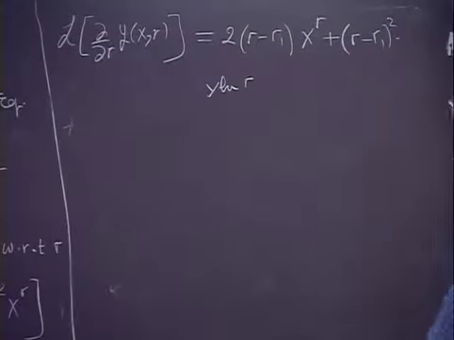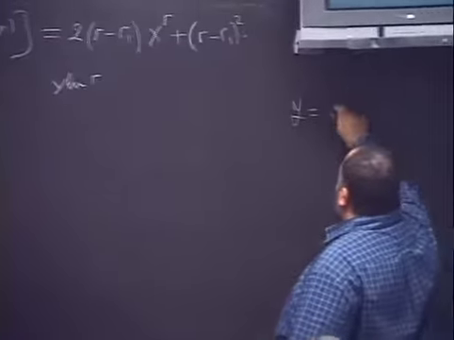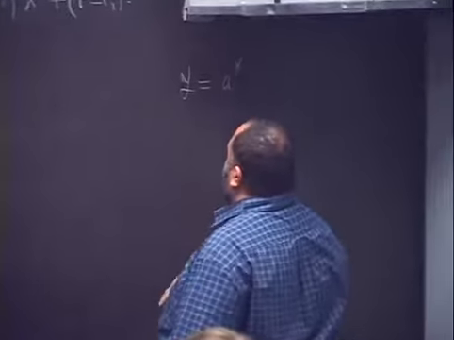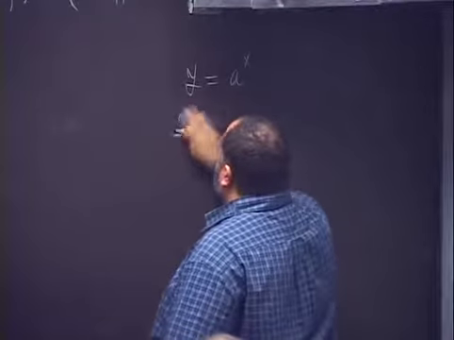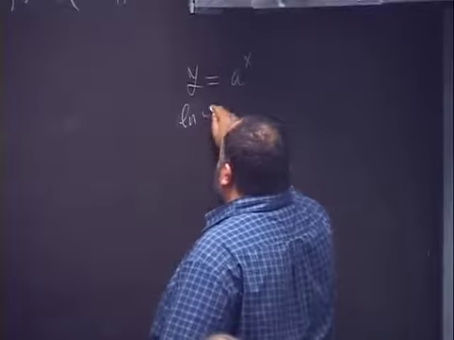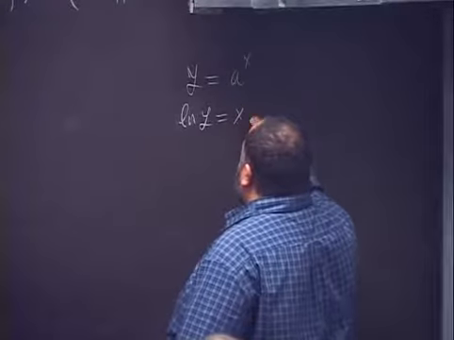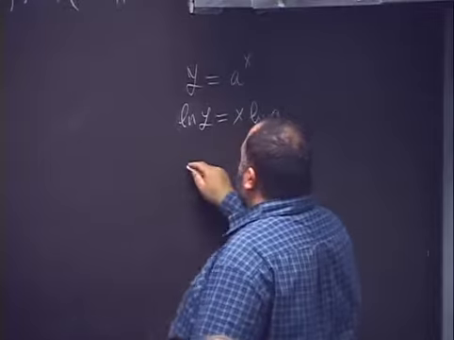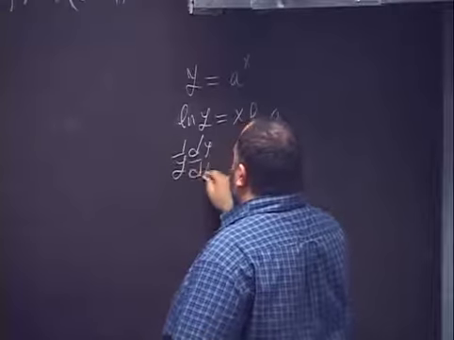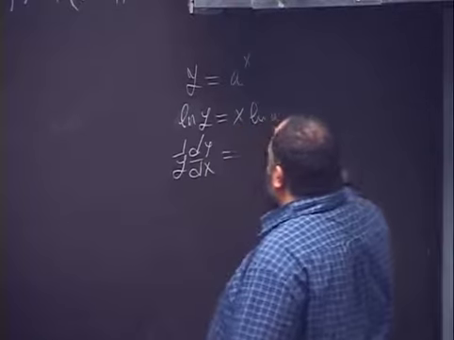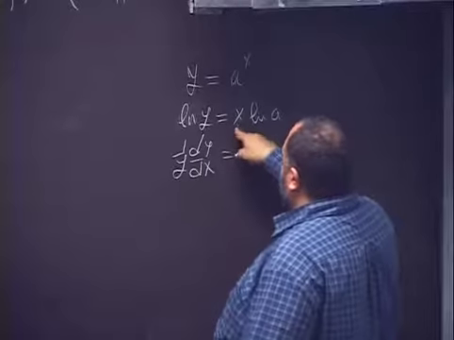If you have y equal to a to the power of x, and I told you differentiate this with respect to x, before you do this, you will take ln y equal to x ln a, and then differentiate this. This will give you 1 over y dy by dx equal to ln a, since a is constant.